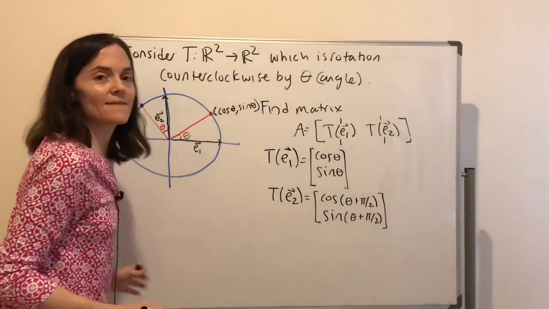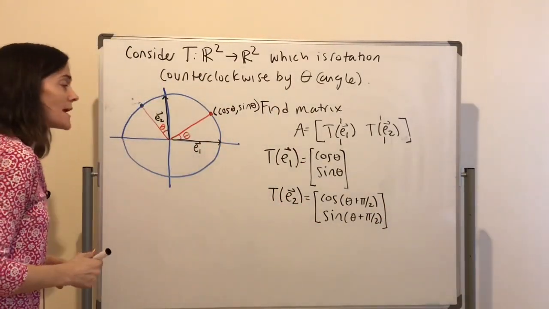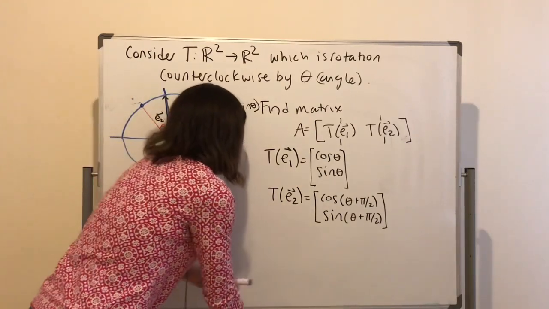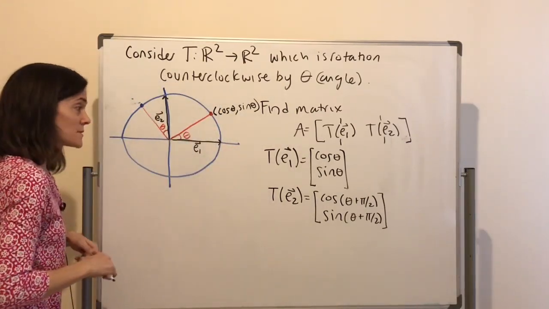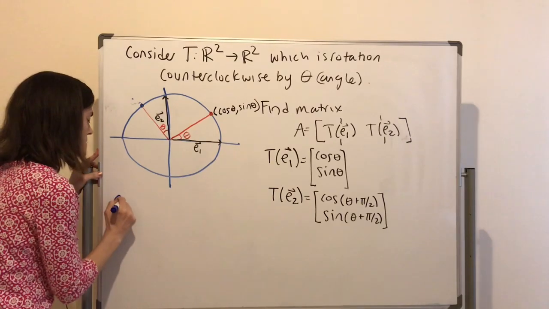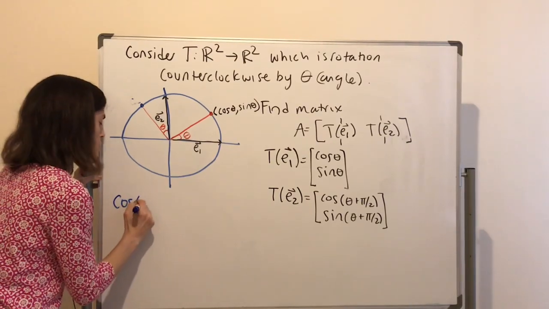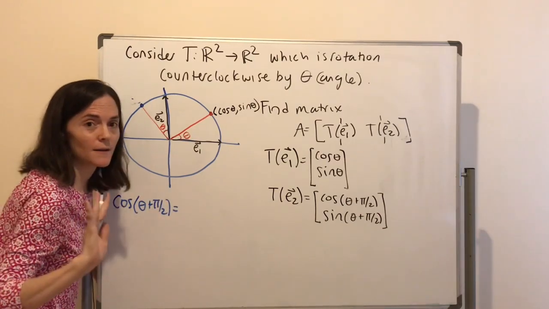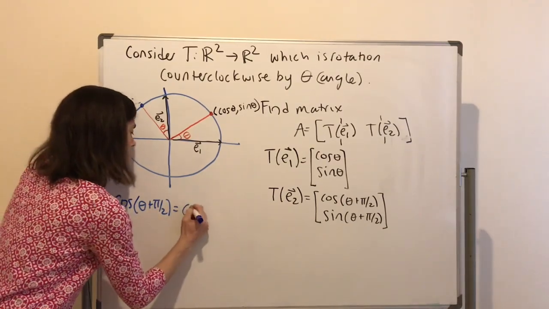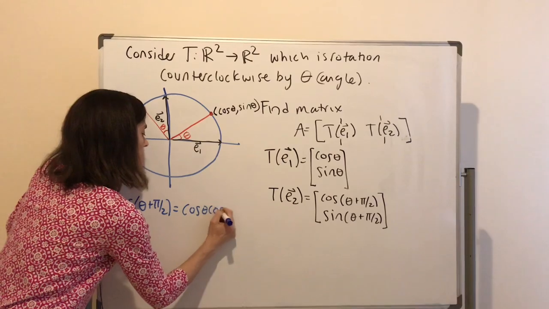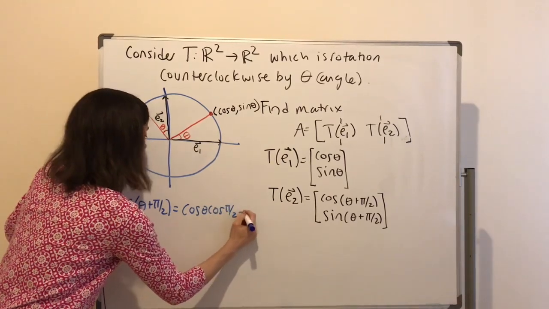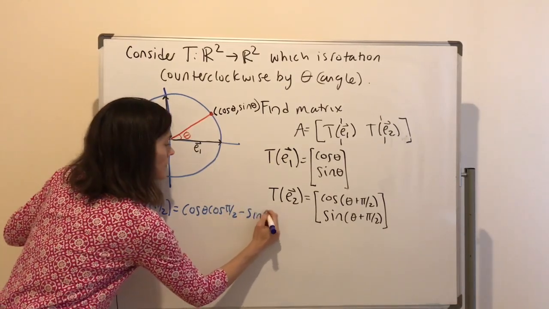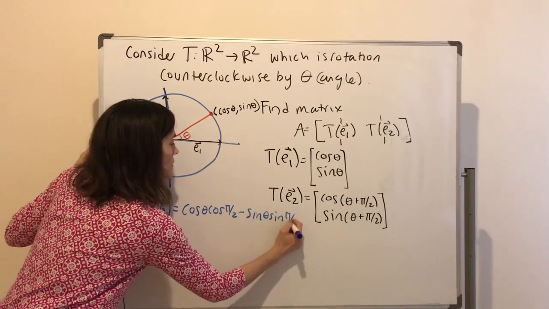Now we don't want to leave it like this. We can write this in terms of cosine and sine. So if you have a sum, this is more trigonometry. This is cosine cosine minus sine sine. So this is cosine theta, cosine pi over 2 minus sine theta, sine pi over 2.